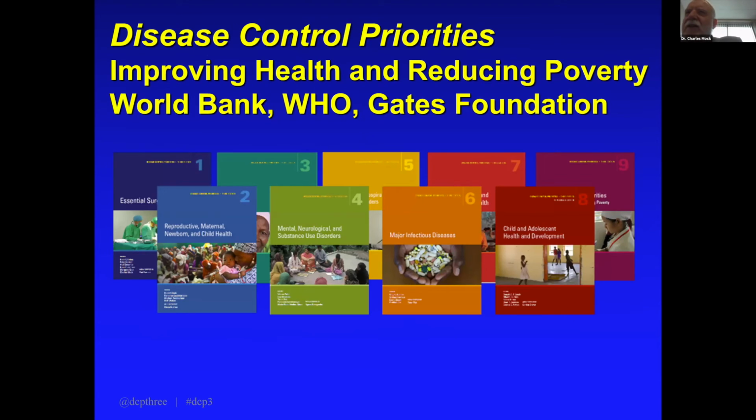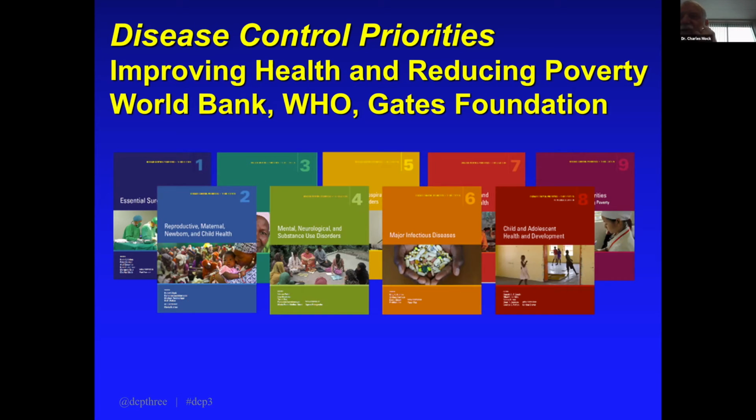The Disease Control Priorities Project is a global effort that involves WHO, the World Bank, and the Gates Foundation, and it's been going on in stages for about 20 years and is helping to define the best bargains in health, what are the most cost-effective interventions, and that would have the most effect on lowering rates of death and disability from any sort of condition.